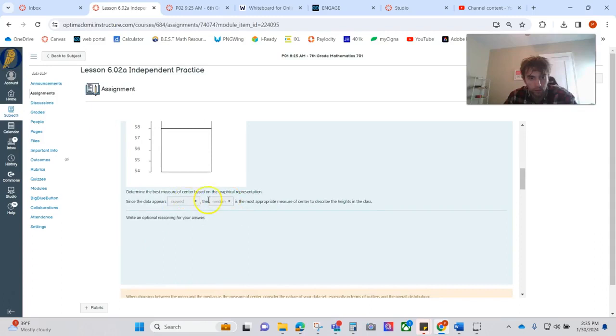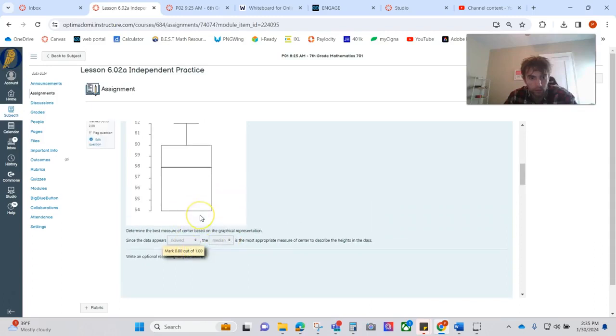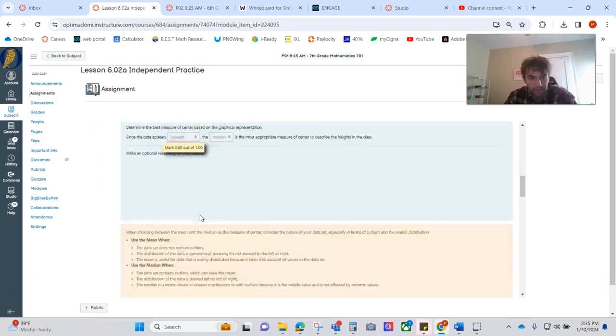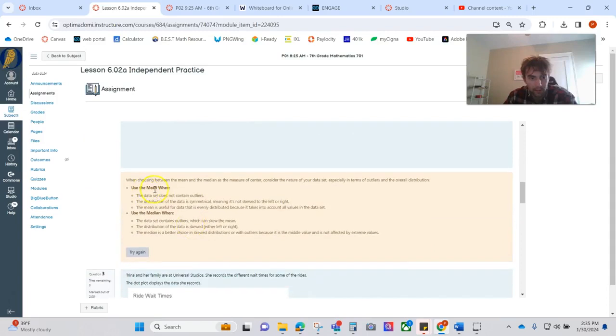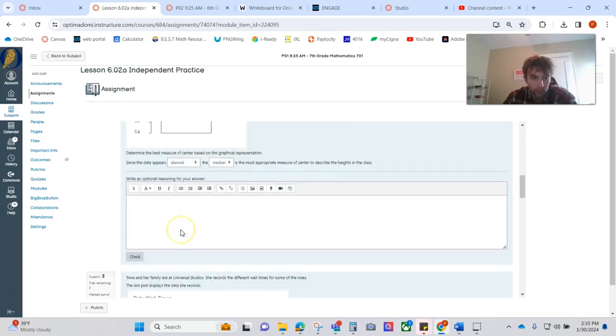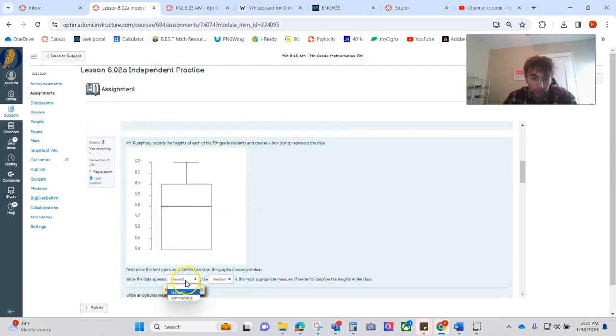Question 2. What? Okay. So my reasons are right, but I guess for question 2, this is symmetrical. Maybe there's different pictures, or maybe my picture has a bug.